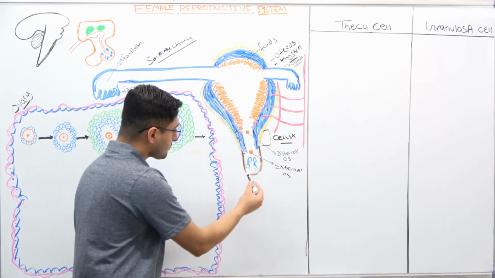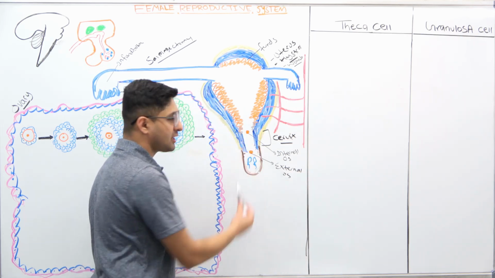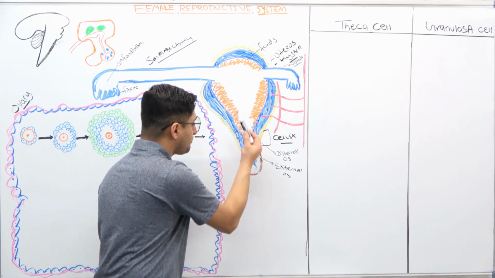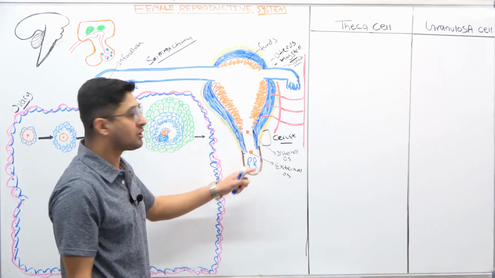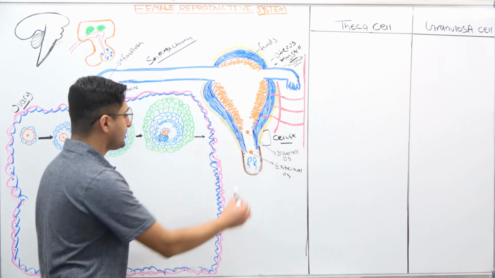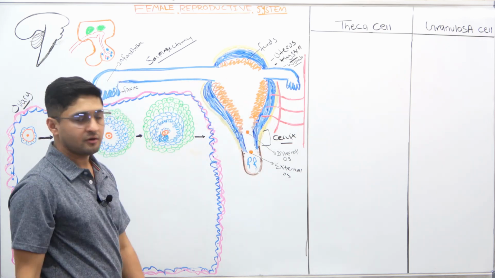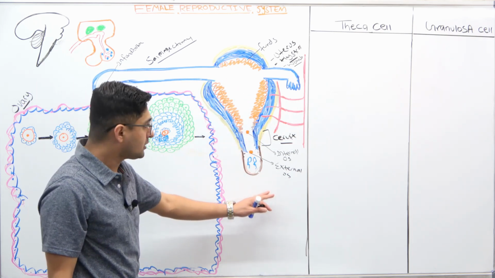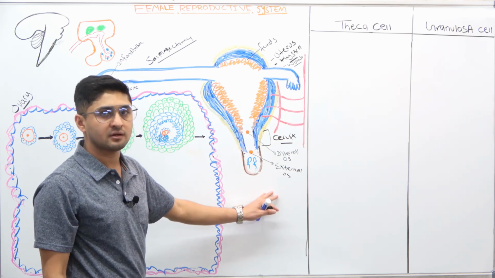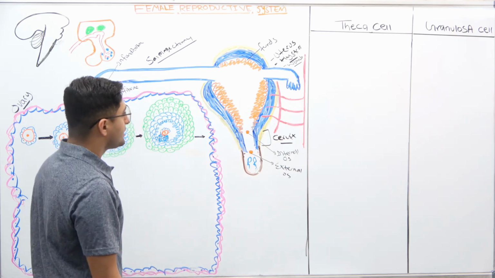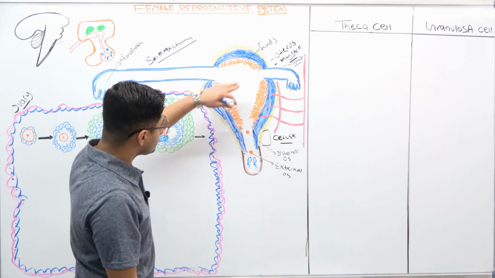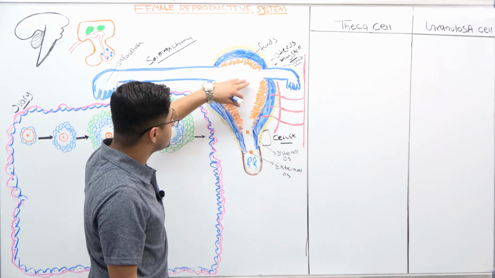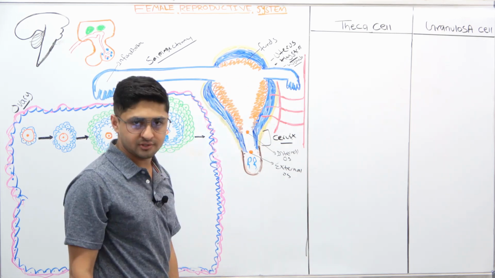Because remember, the sperm will have to move upward through this external os to get inside here, okay? Because it has to travel all the way up here for fertilization to occur, okay? And we'll discuss that more in the fertilization lecture, right? These are some of the structures of the uterus, okay?